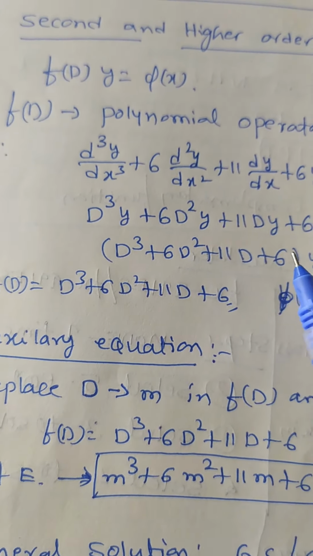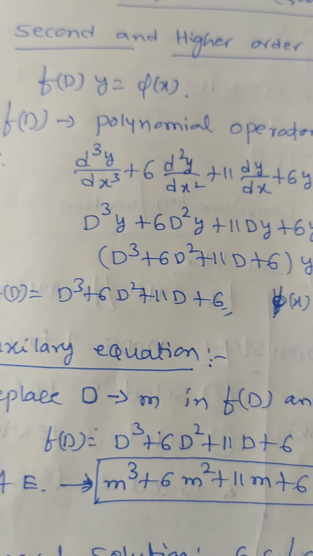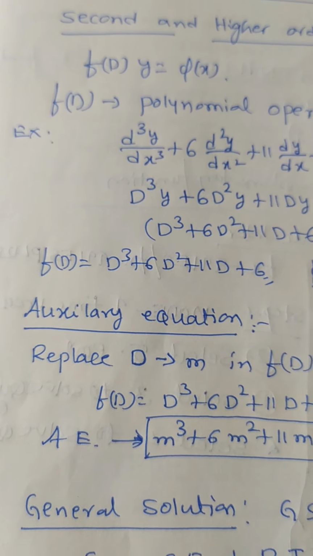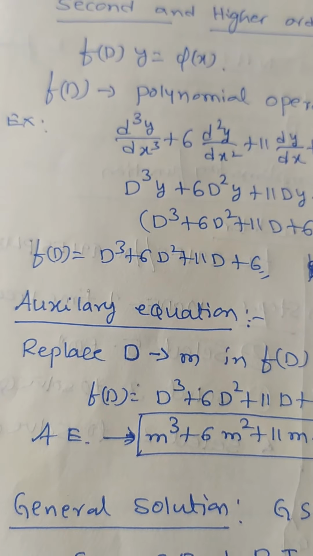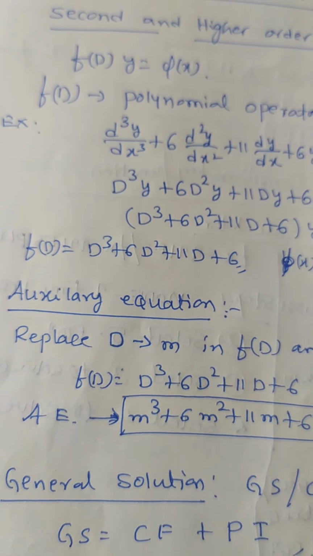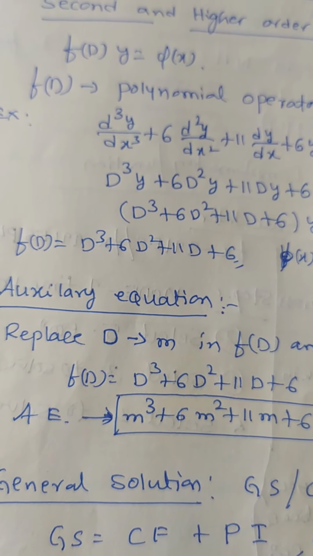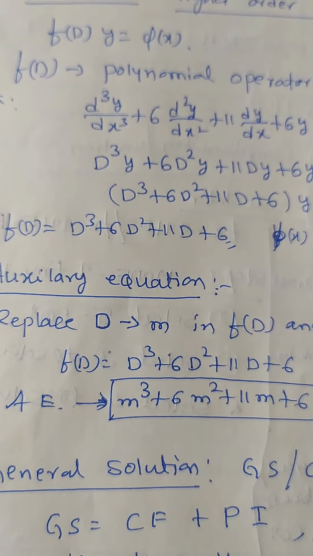And by using this differential equation, we can write the auxiliary equation. What is the auxiliary equation? Just very simple. Auxiliary equation means supporting equation. It supports finding the solution of the given differential equation. Okay. How do you find the auxiliary equation?